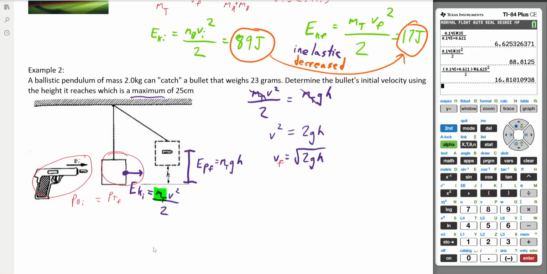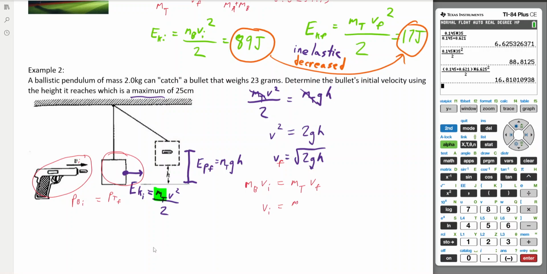So now we're going to use m bullet times vi, that's the bullet's initial velocity, equals mT, this is the total for the bullet and pendulum moving, times vf. This is the vf that we just quote-unquote calculated. We haven't actually gotten a number here, but that's the right idea. So now we're going to look for the bullet's initial velocity, which is this vi.